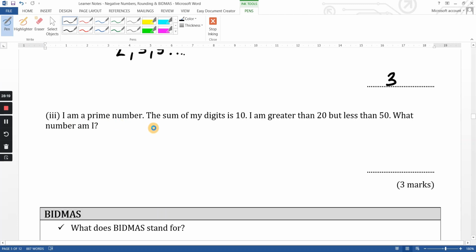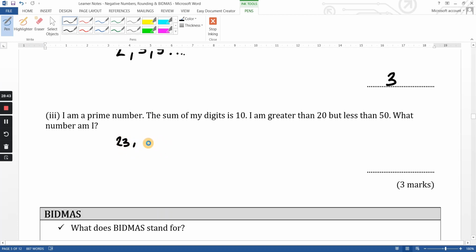I am a prime number. The sum of my digits is 10. I'm greater than 20 but less than 50. What number am I? Okay, so again, let's just list. I'm a prime number, and I'm greater than 20. So after 20, what's the first prime number? You'll have 23.